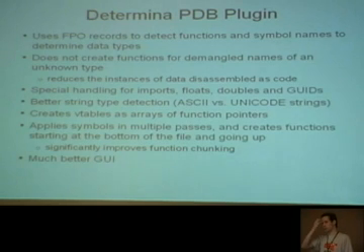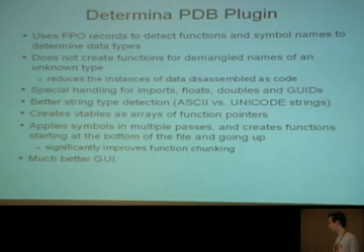Then I also do heuristics based on names. Unlike IDA, if the demangled name is of type unknown, then I'm not going to create a function there, because in my experience, this gives better results. I also have special handling for imports, floats, doubles, GUIDs, and better detection of the string type, whether it's ASCII or Unicode.